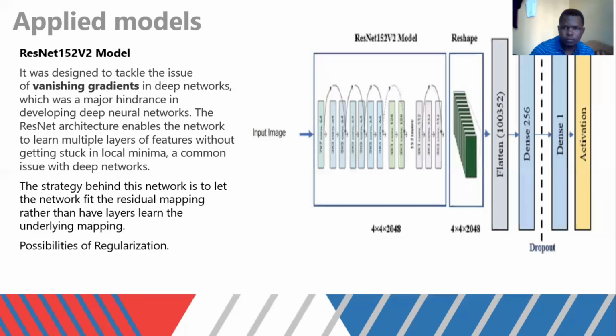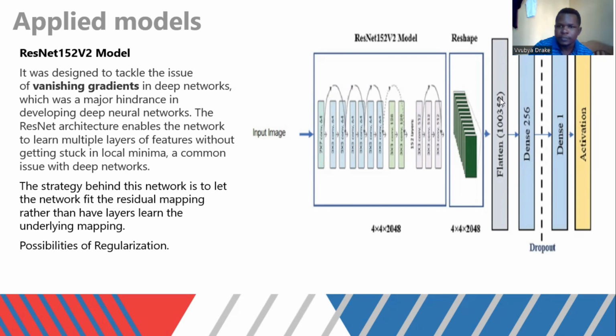So the ResNet 152v2 model was designed to tackle the issue of vanishing gradient in deep networks, which was a major hindrance in developing deep neural networks. Here it jumps from one layer to the next, as we can see.